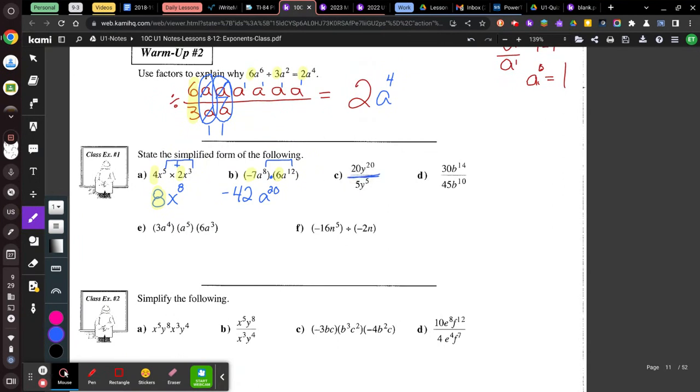So if I'm dividing here, I'm dividing coefficients, and then I am subtracting their exponents. Dividing coefficients, I'm going to end up with a 4. Subtract my variables, I'm going to end up with y to the 15. So 4y exponent 15.